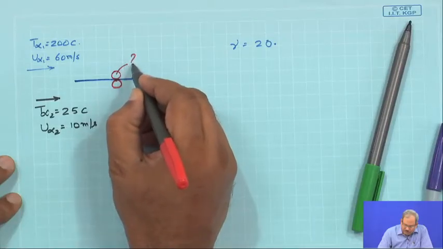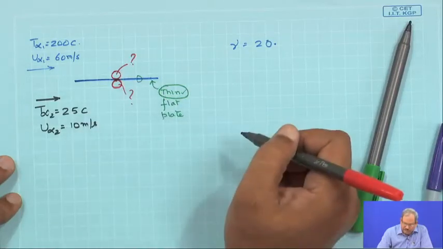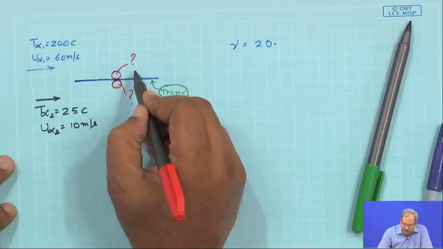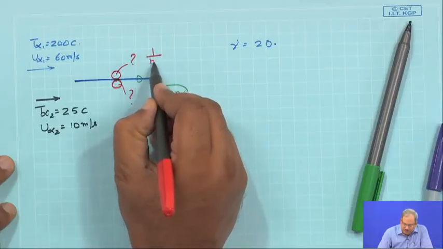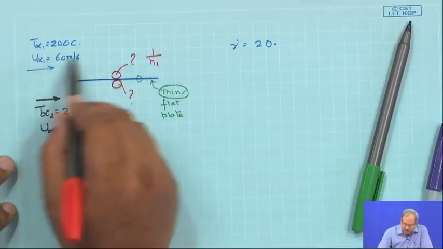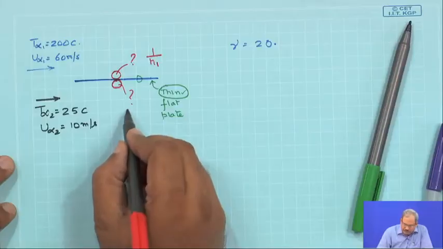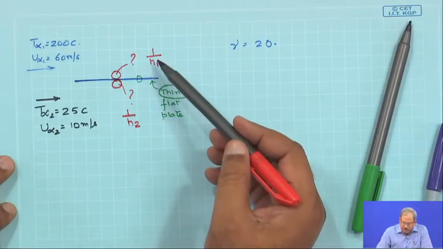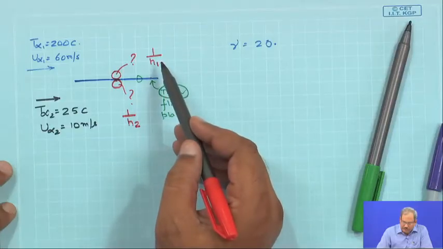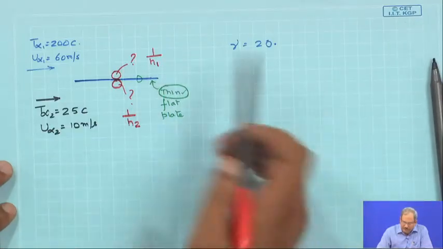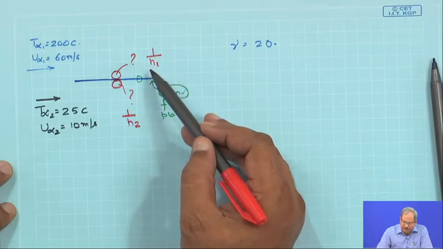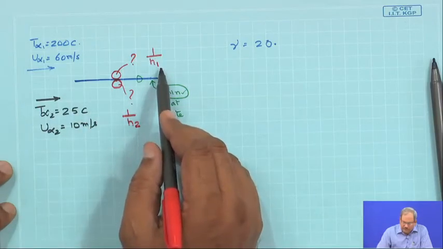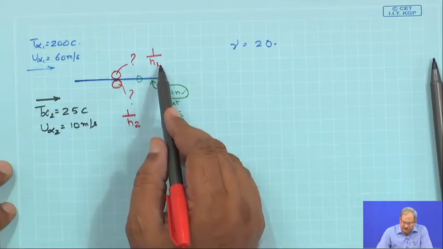So, we need to find out these two resistances, and we know that the resistance for convective heat transfer is simply 1 by h1 if I call it for stream 1, and this is going to be 1 by h2 for stream 2. When obtaining the total heat transfer in terms of heat flux, since the area is the same, I can safely drop the area and express everything in terms of flux.